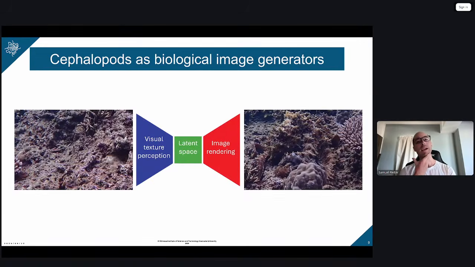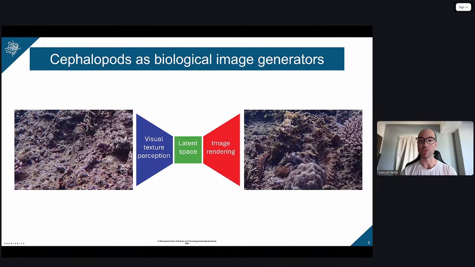So currently, I think of camouflage as somewhat analogous to a variational autoencoder, which is a machine learning model. So here's the toy model currently: the animal takes images from their environment using their eyes and visual system. And from these images, they're extracting some set of unknown summary statistics.